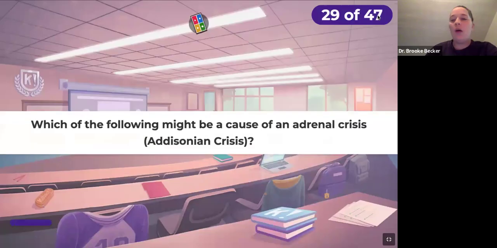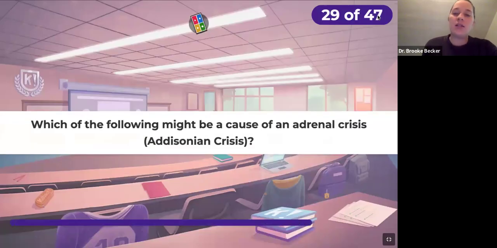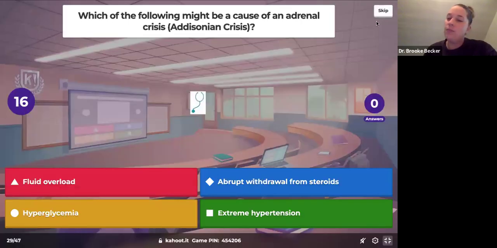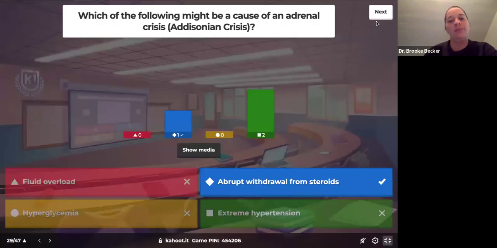Which of the following may be a cause of adrenal crisis or Addisonian crisis? Fluid overload, abrupt withdrawal from steroids, hyperglycemia, or extreme hypertension. So an abrupt withdrawal of steroids.